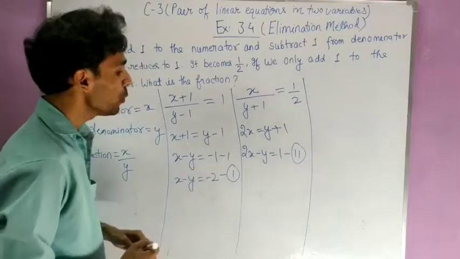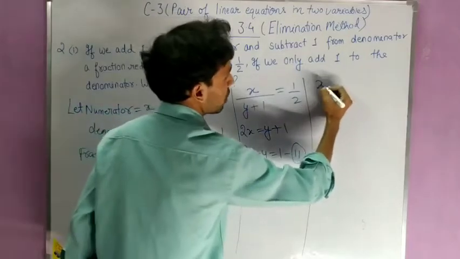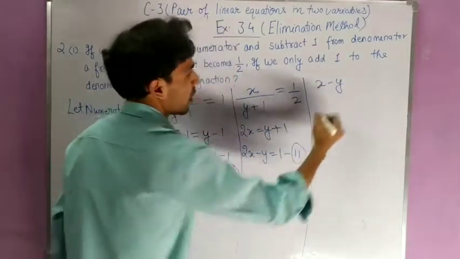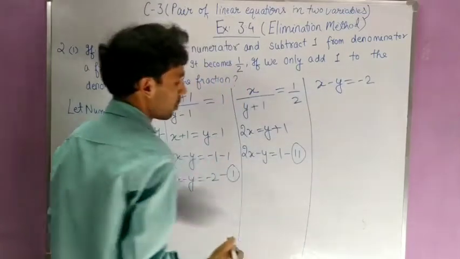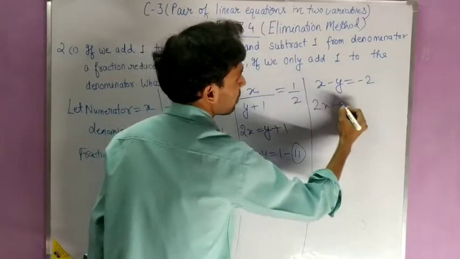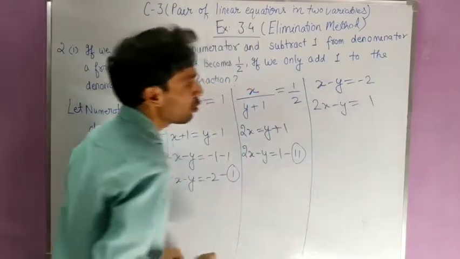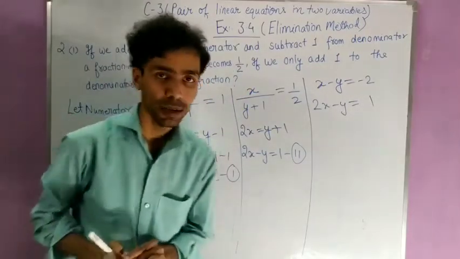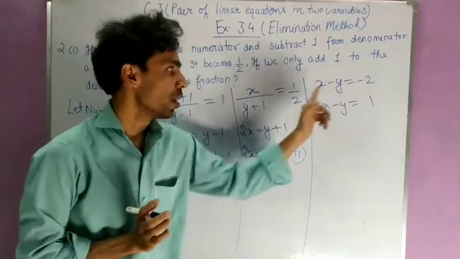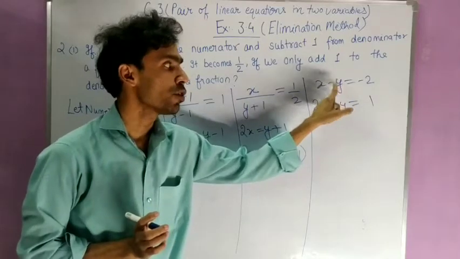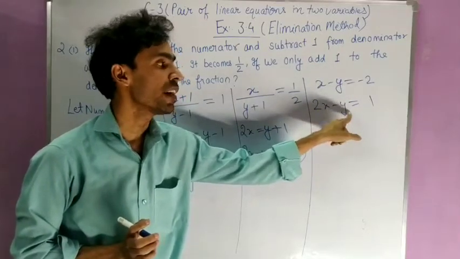So what you will do, first you write both the equations, that is x minus y equal to minus 2 and 2x minus y equal to 1. Now see students, here the coefficient of y is 1 and here also the coefficient of y is 1.